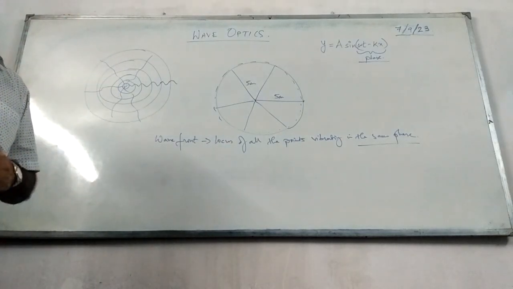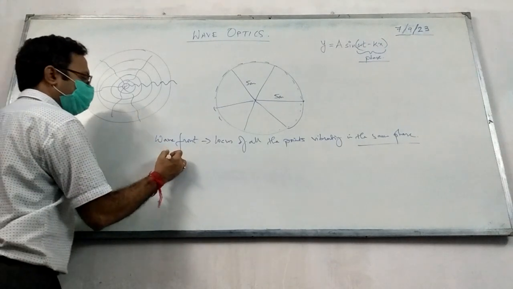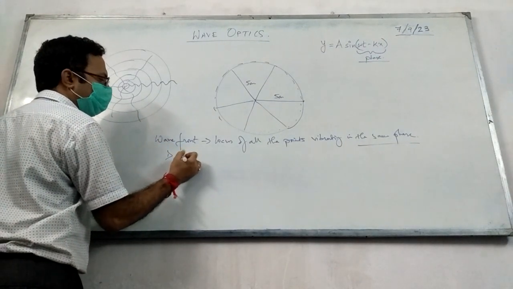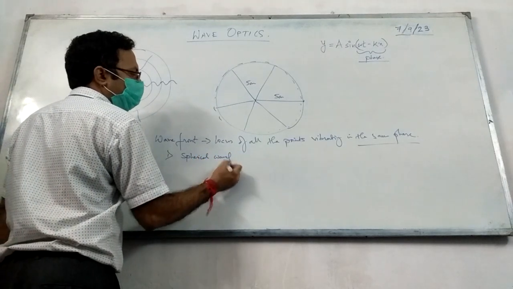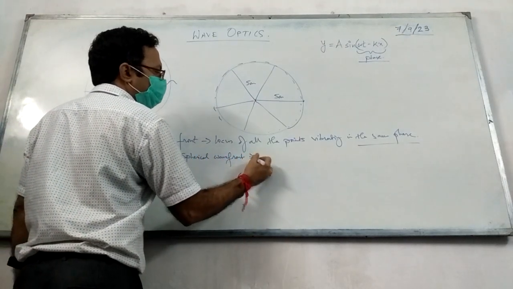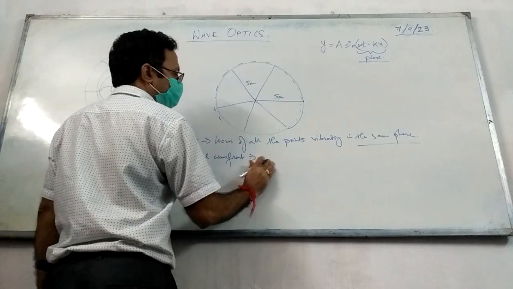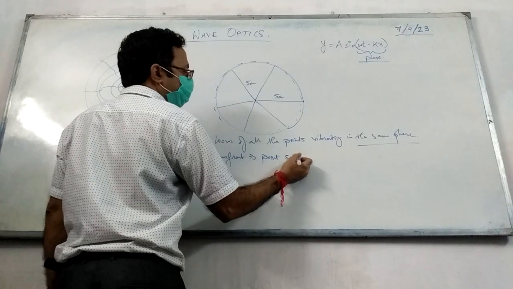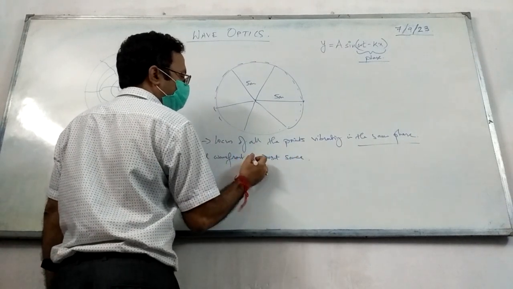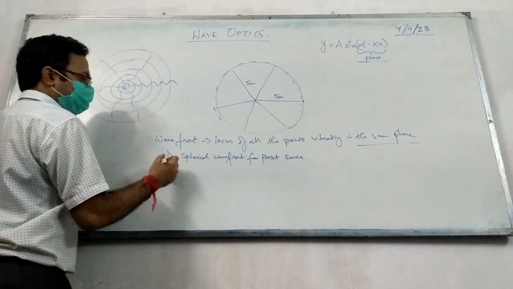So wavefronts are of three types. তিনটে types of wavefront আমরা, একটা হচ্ছে spherical wavefront for a point source.